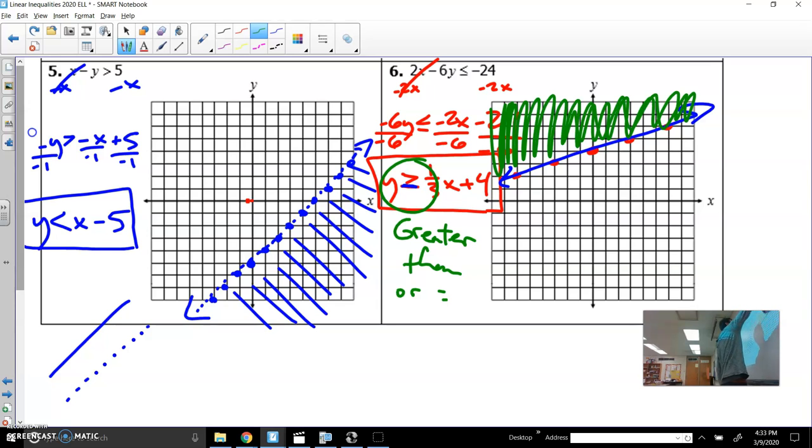And so any point up here in that region is in the solution. So if you take a moment to try 0, 0, 2 times 0 minus 6 times 0, well, all that is 0. Is 0 less than or equal to negative 24? No, and that's why it's not in the solution.